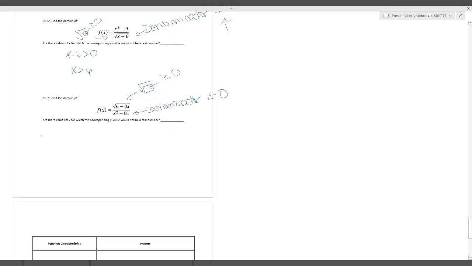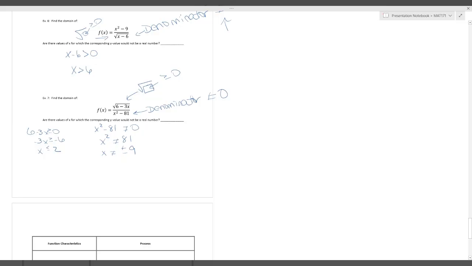So we have two separate things going on here. We have that 6 minus 3x has to be greater than or equal to 0. So negative 3x greater than or equal to negative 6. So x has to be less than or equal to 2. And then we have x squared minus 81 cannot be equal to 0. So x squared cannot equal 81, and x cannot equal positive or negative 9.